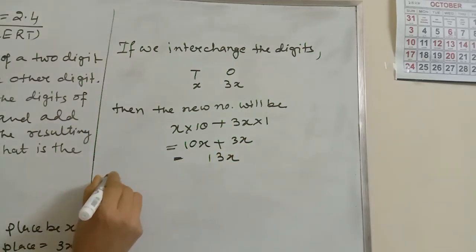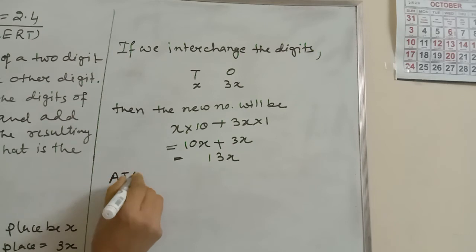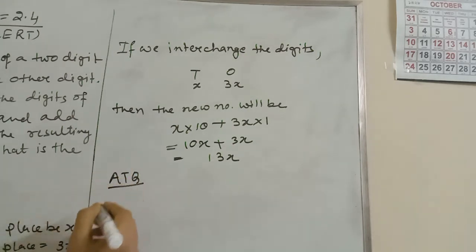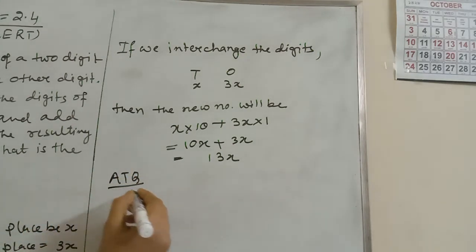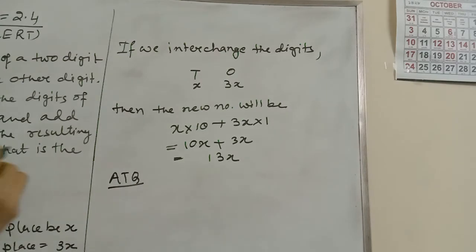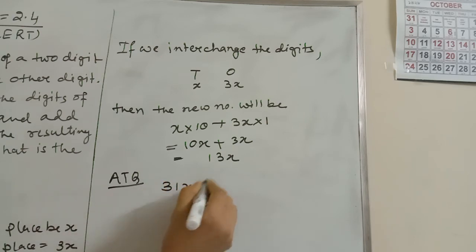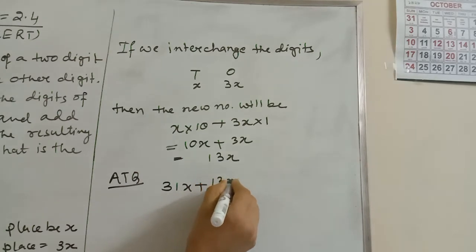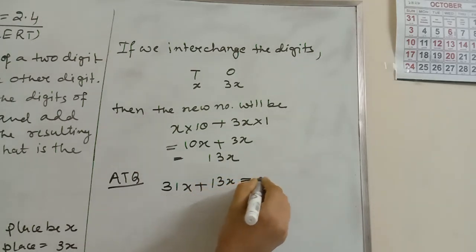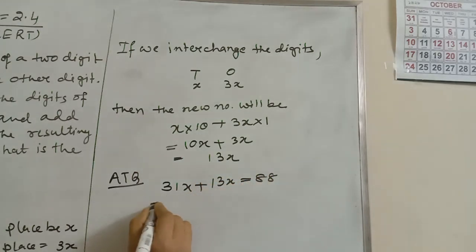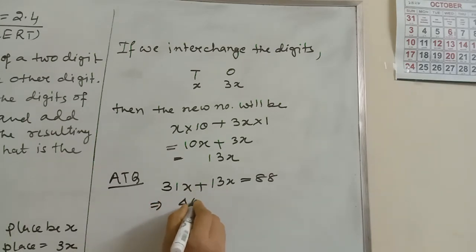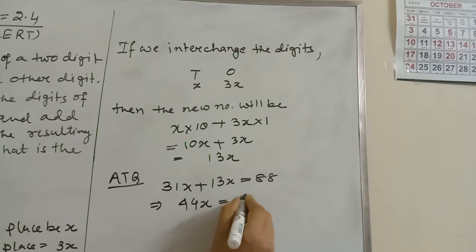Now according to the question, if we add these two numbers, that is the original number and the reversed number, you will get 88. So the original number is 31x and the resulting number is 13x. If we add these two, you will get 88. So 31x and 13x, 44x. 44x is equal to 88.